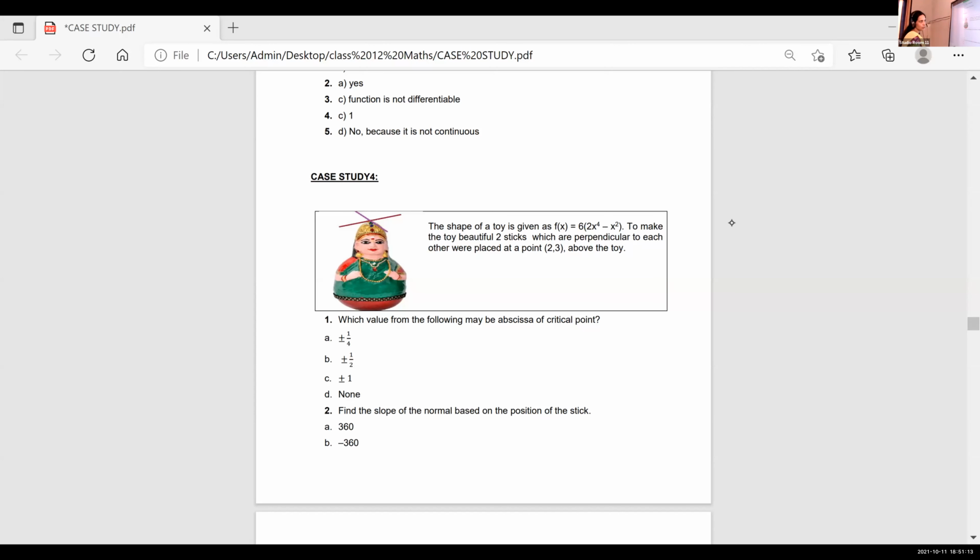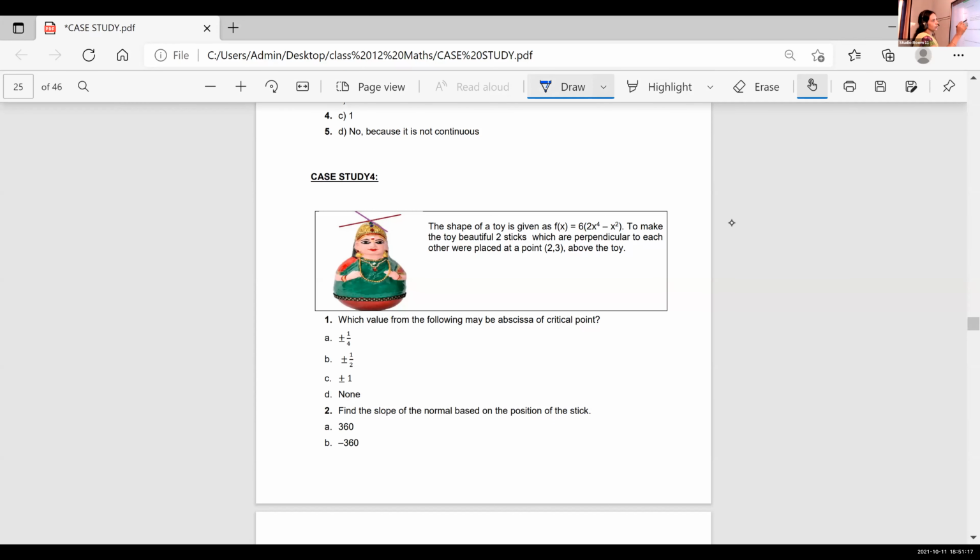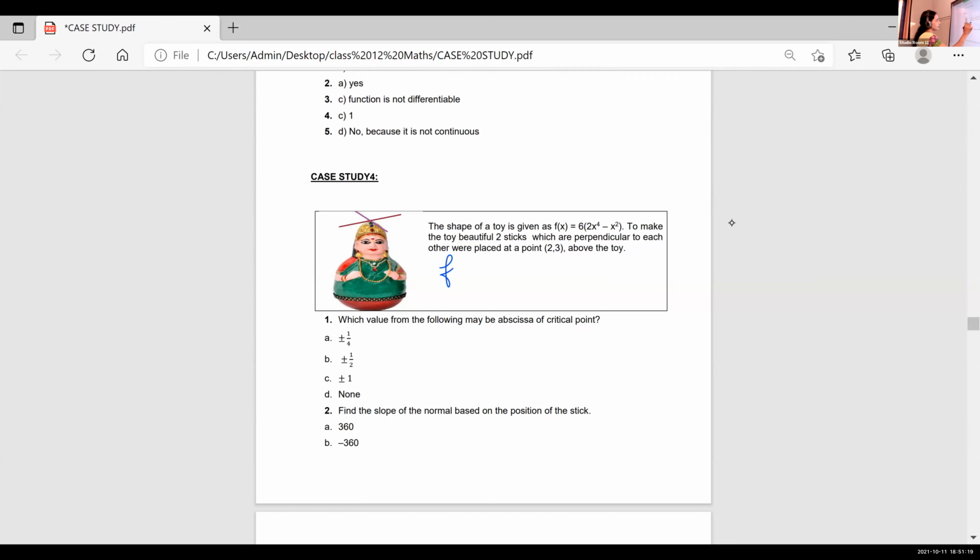So find out what is f dash of x. Then equate it to 0 and solve for x. What is f dash of x? 6 into 8x cubed minus 2x. Let f dash of x equate it to 0 and find the value of x.